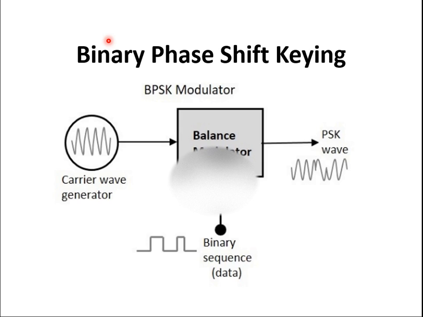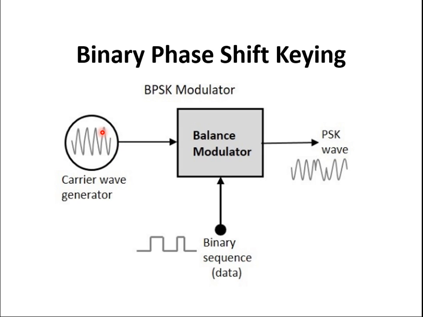Now we see the BPSK modulator block diagram looks like this. We are already aware that for a particular modulation we need one input signal and one carrier signal.